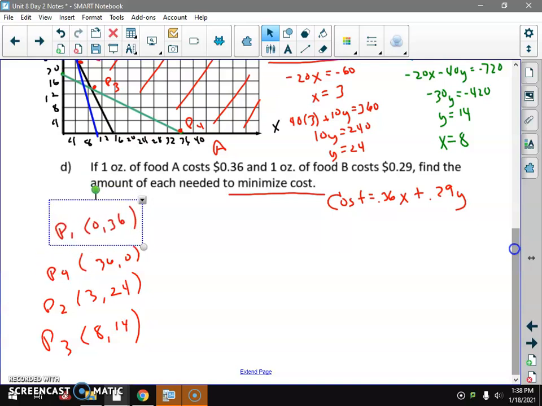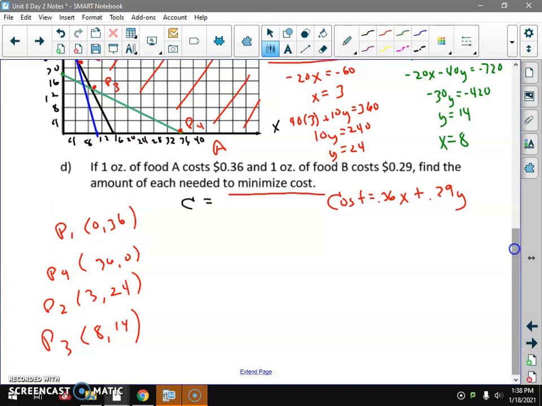We're going to plug each of these into cost. So I'd have 0.36 times 0 plus 0.29 times 36. Plug that into my calculator. $10.44 for that option. 0.36 times 36, coincidence, plus 0.29 times 0.